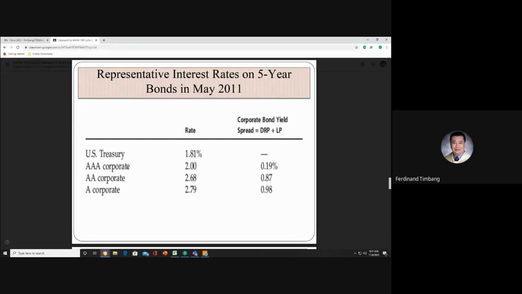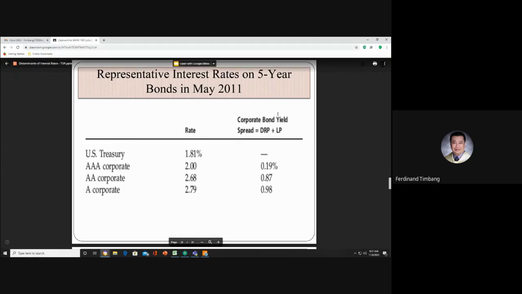So therefore the interest rate to be charged, for the default risk and for the liquidity, is also low. Mababa siya. Kaya compared to AA at saka A, mas mababa yung 2. Naliwanag ba yan? Kaya pagdating dito, habang bumababa ang credit rating ng company, tumataas yung interest rate niya.